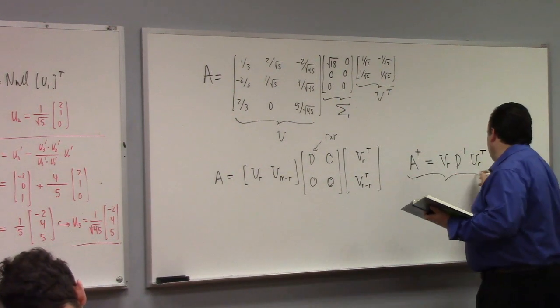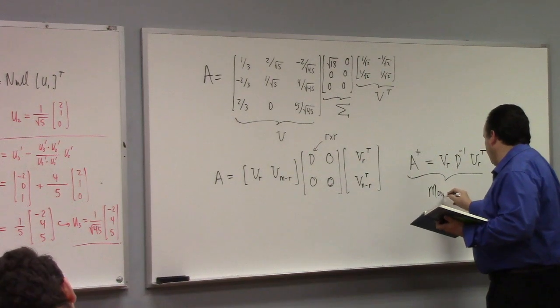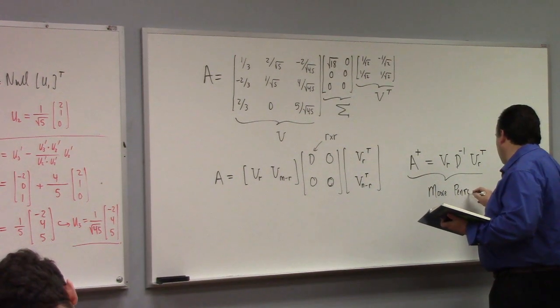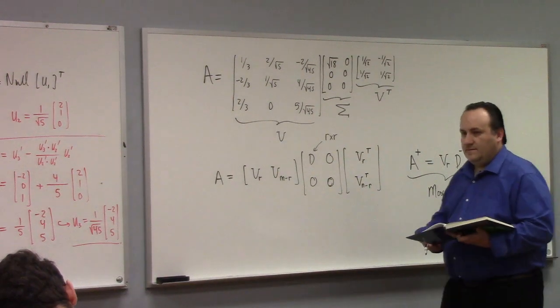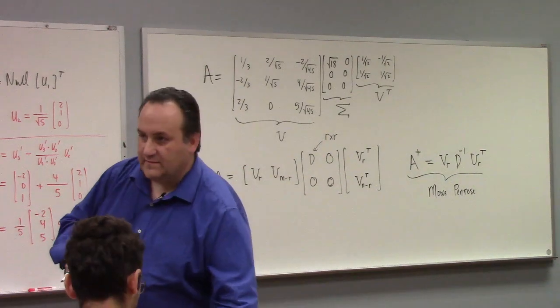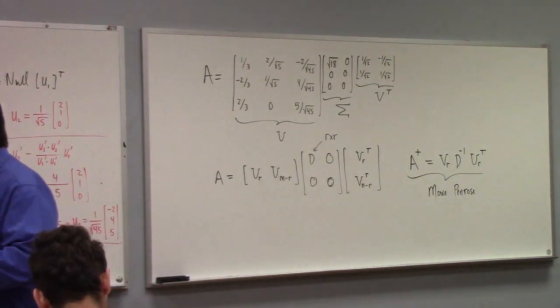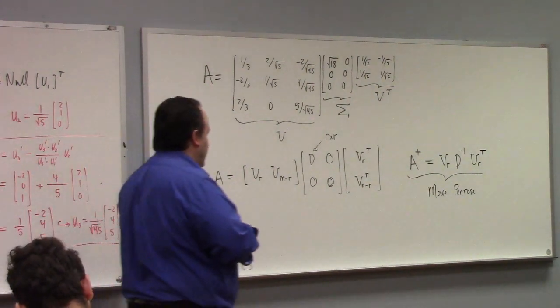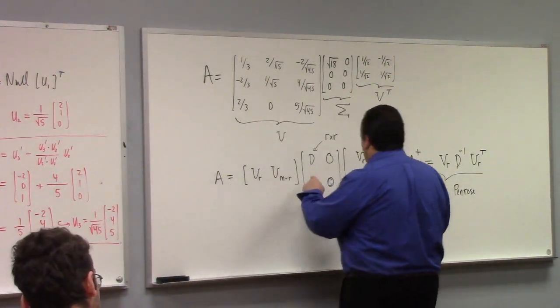So this is the so-called Moore-Penrose inverse. Suppose your matrix is not invertible. Well, the Moore-Penrose inverse is the next best thing to an inverse which doesn't exist.